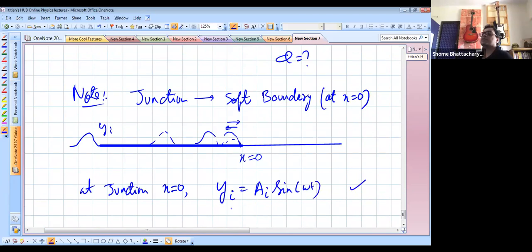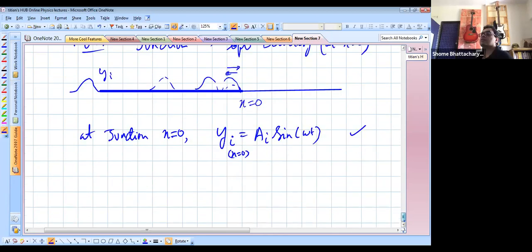I'm just substituting x equal to 0 in the incident wave's equation. And the disturbance created by the reflected wave, so again in the reflected wave equation put x equal to 0, is some amplitude A reflected into sine omega t plus kx, but that plus kx term becomes 0, plus phi.